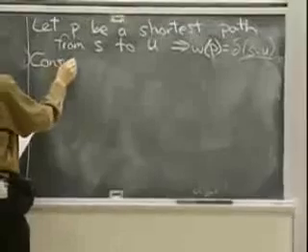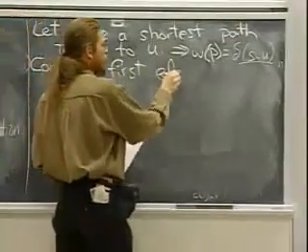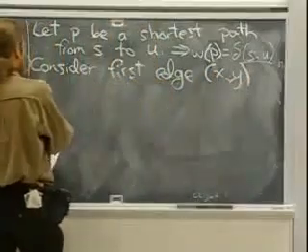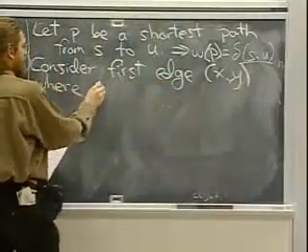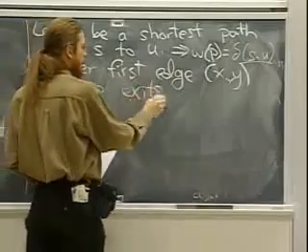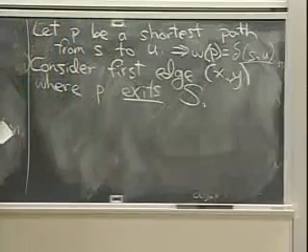Consider the first edge, xy, where p exits capital S. The shortest path from s to u exits capital S. It's got to happen somewhere.